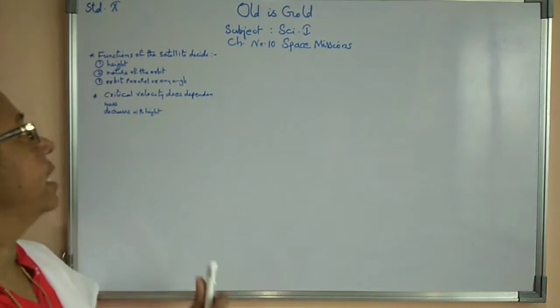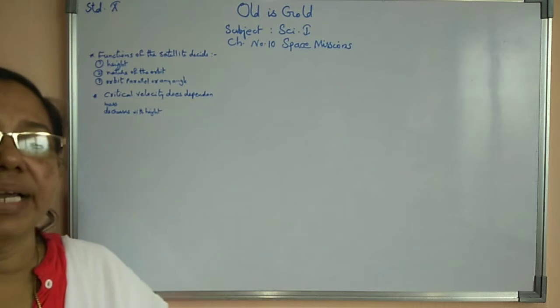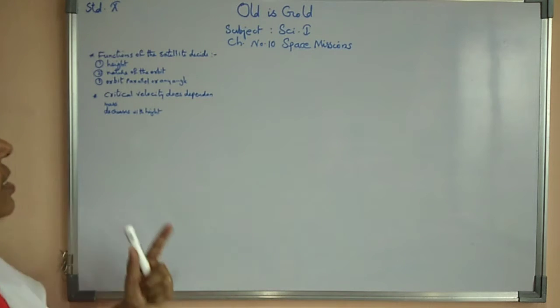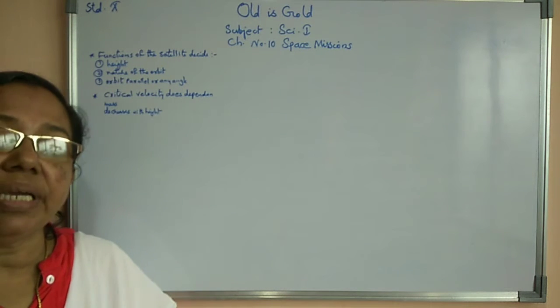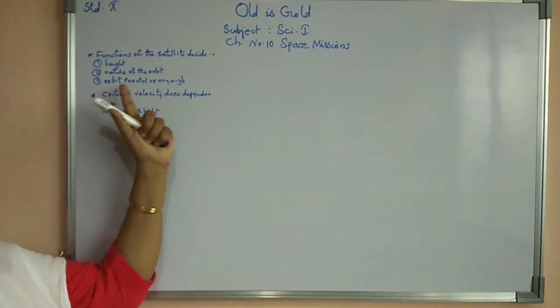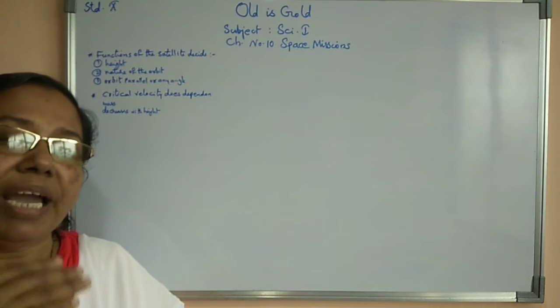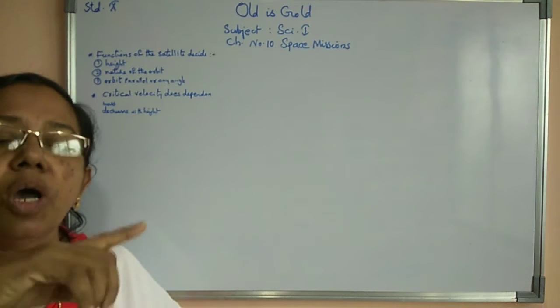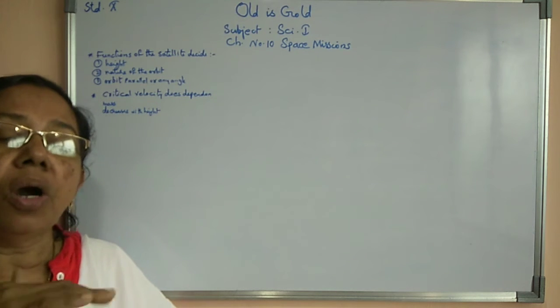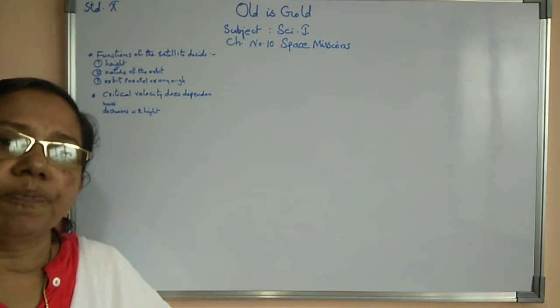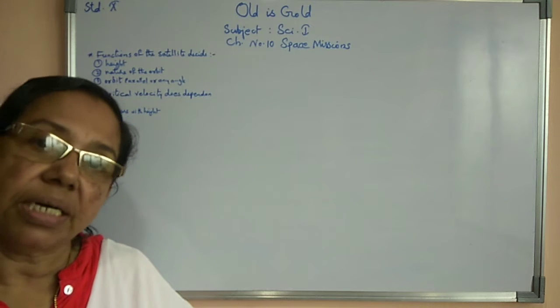First, the height of the satellite from the surface of the earth. Second, the nature of the orbit. Third, whether the orbit is parallel to the equator, parallel to the pole, or at any angle around the surface of the earth.